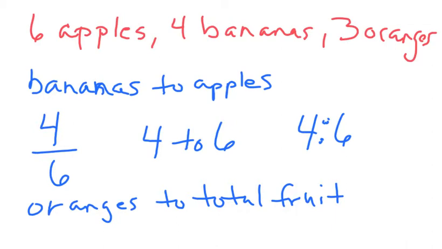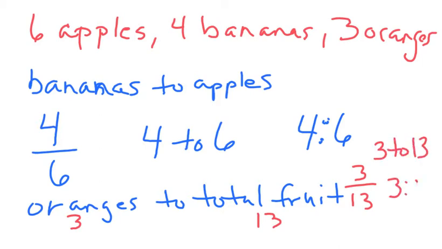I got 13 pieces of fruit. So, oranges are 3, right? Total fruit is 13. So could I write the ratios in all 3 forms? Sure. I would go oranges, 3, to fruit, 13, 3 to 13, and I would go 3 to 13. That's writing a ratio in all 3 forms.